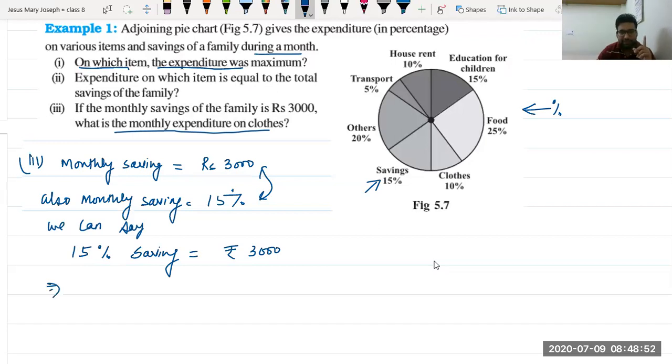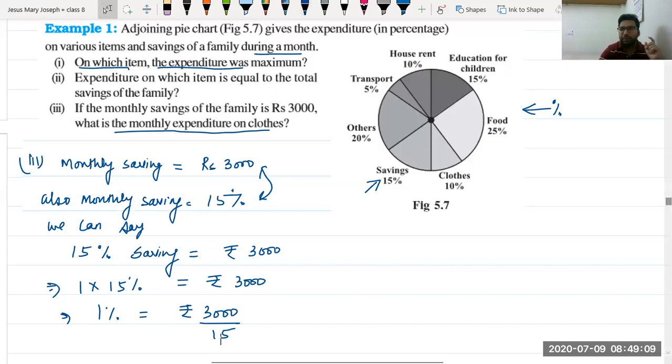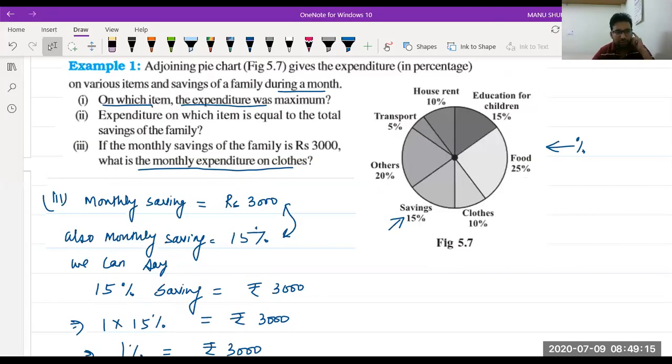We can write this as 1 into 15% is equal to rupees 3000. That means 1% is equal to rupees 3000 upon 15. Is it clear? Please confirm.